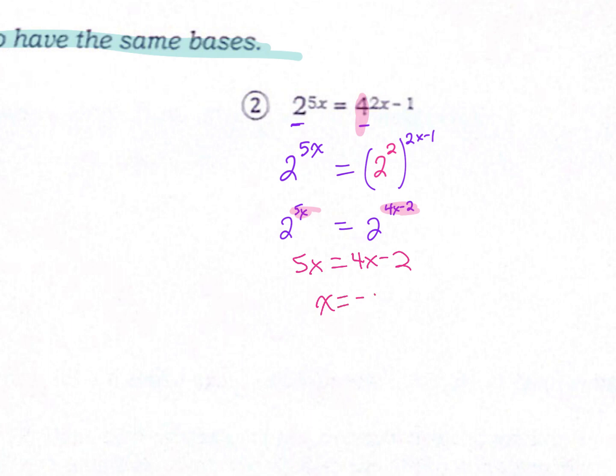So x is equal to -2. I skipped some steps there, so if you have a question, you've got to let me know, please. Okay, questions on either of those?